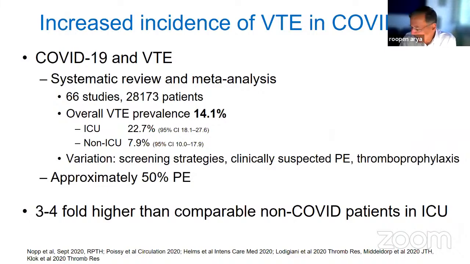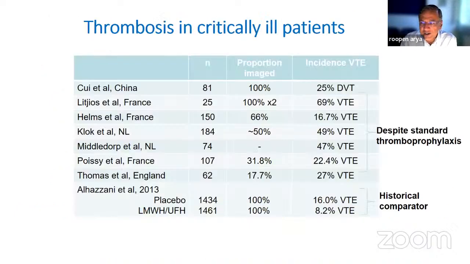So there's an increased incidence of venous thromboembolism in COVID-19. And again, the overall VTE prevalence was about 14%. Again, a lot of those were pulmonary embolism, and this was 3 to 4-fold higher than in comparable non-COVID patients in ICU, and certainly compared to what we used to see with SARS or with H1N1 influenza.